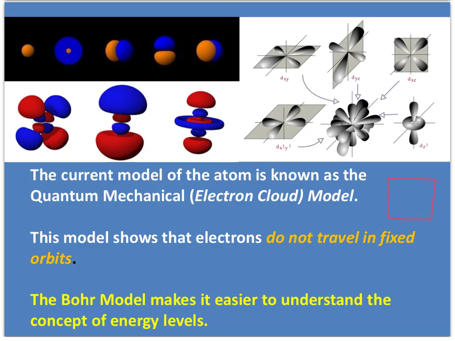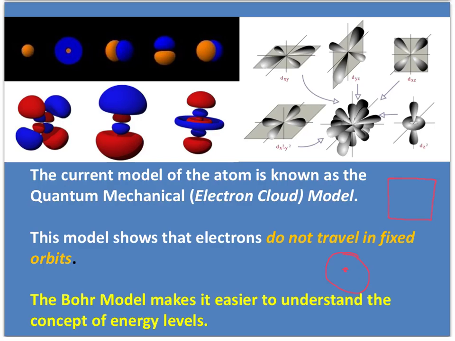As the electrons orbit the nucleus, they do not necessarily do so in a circular path all the time. They can go like this, just assuming, or they can go like this, but they're still orbiting the nucleus. The orbit is not fixed.